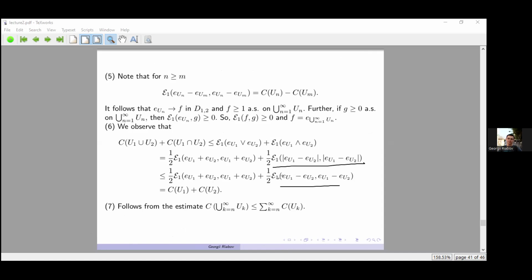And now again, if we expand the inner product, we will have twice 1/2 the inner product of EU1 and EU1, which is the capacity of U1.